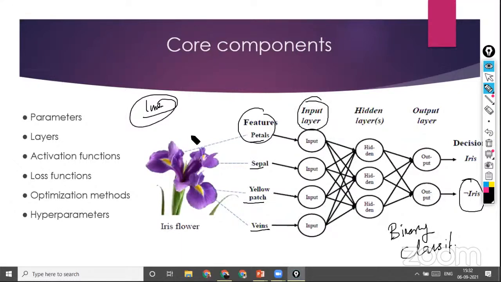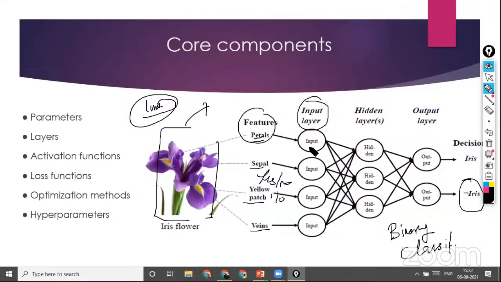Remember, in this particular problem, we are not actually sending the images. We are doing some pre-processing and getting information about the petals, sepal, and yellow patch, like whether a yellow patch is there. It can be a categorical value, yes or no, or 1 or 0.